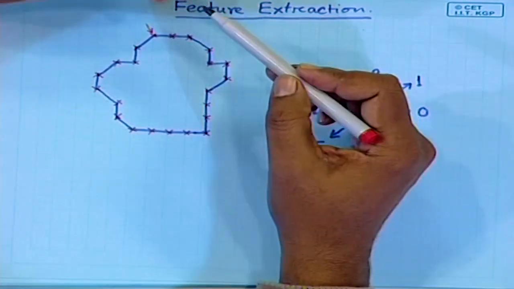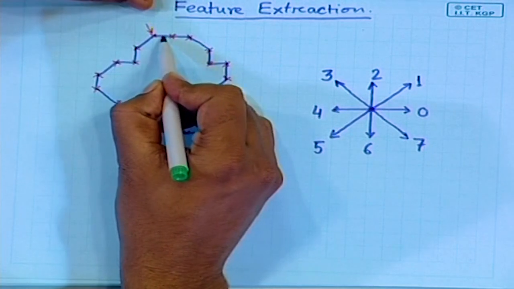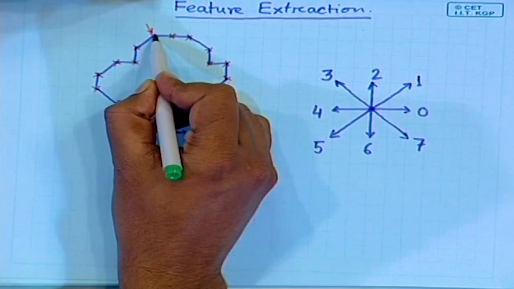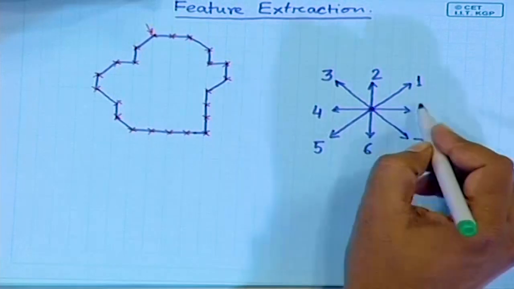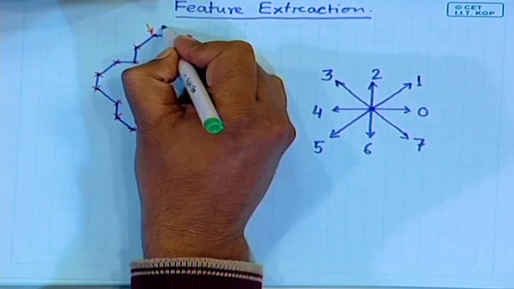Okay. So, when I form this chain code starting from the first location, my initial direction of the line segment is from left to right, that is towards the east, and that direction is marked as 0. So, I put 0 over here.